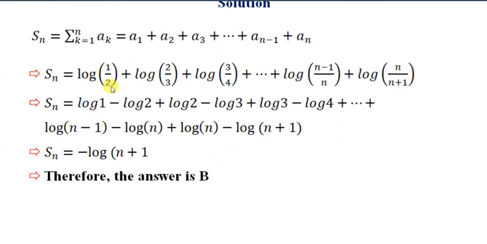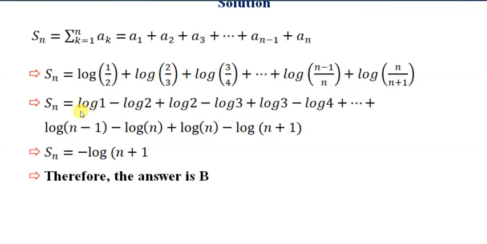Logarithm of 1 over 2 means logarithm of 1 minus logarithm of 2, plus logarithm of 2 over 3 means logarithm of 2 minus logarithm of 3, and plus logarithm of 3 over 4 means logarithm of 3 minus logarithm of 4, plus and so on. Logarithm of n minus 1 over n means logarithm of n minus 1 minus logarithm of n, and plus logarithm of n over n plus 1 gives us logarithm of n minus logarithm of n plus 1.